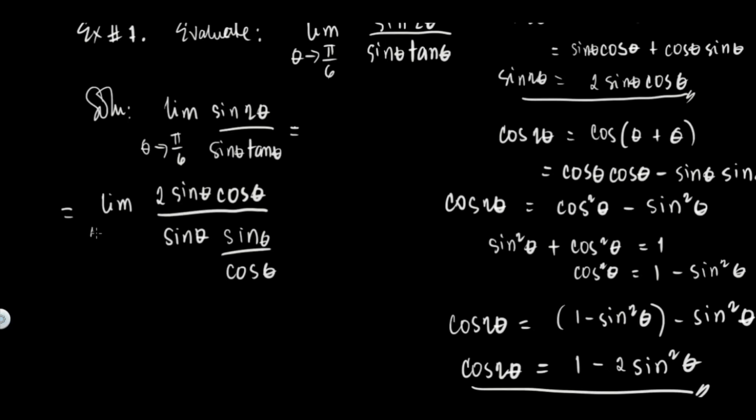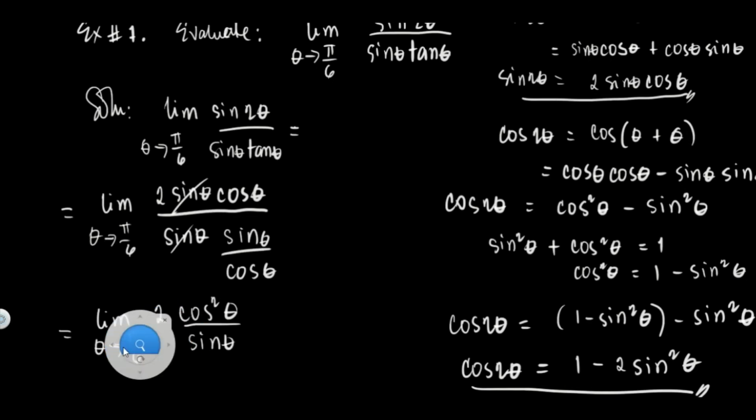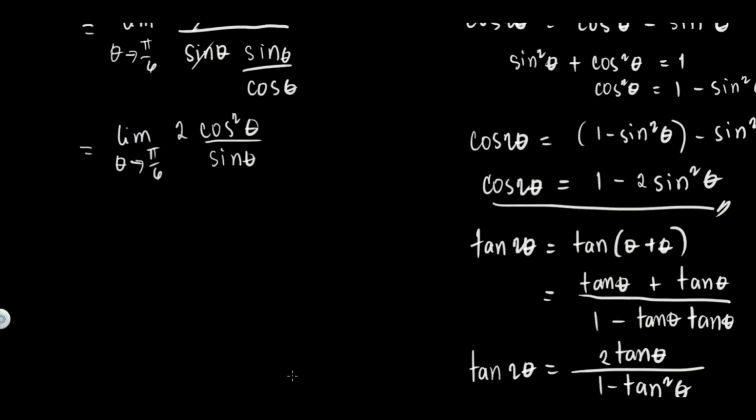Okay? Theta approaches pi over 6. So, cancelin na natin yan, no? Then, cosine tataas, so cosine square theta over sine theta. So, the limit of 2 cosine square theta over sine theta as theta approaches pi over 6. So, meron diyang constant na 2. Anong gagawin natin?